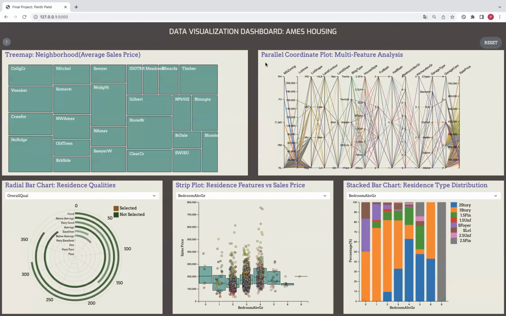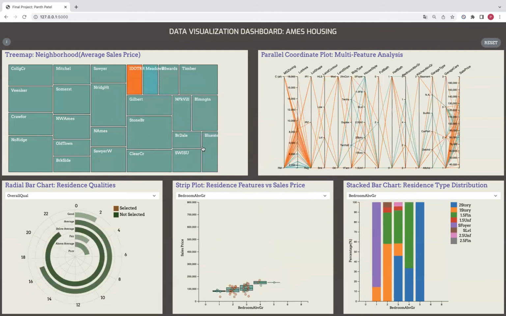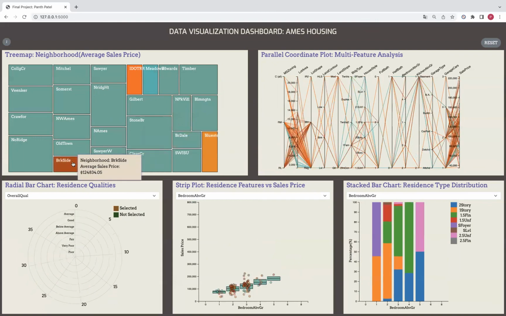Let me reset the dashboard again and select a few of the cheapest neighborhoods. Let me select one, and okay, let me select this as well.